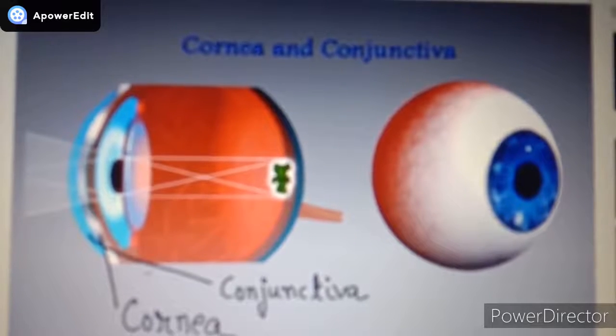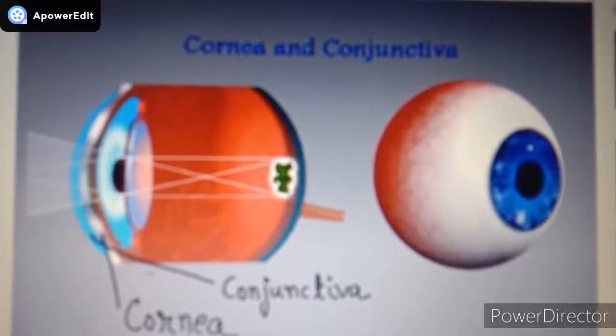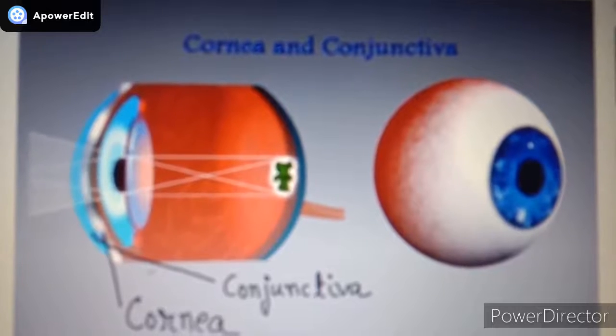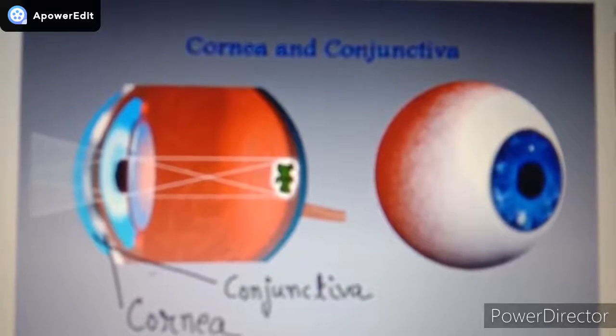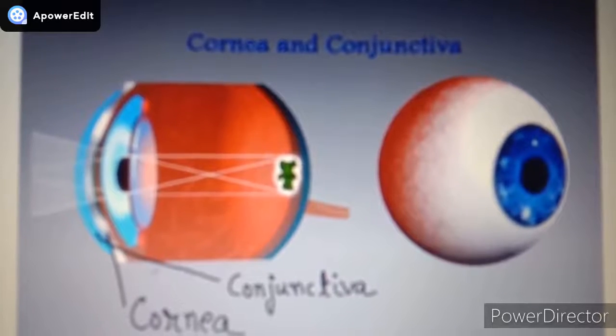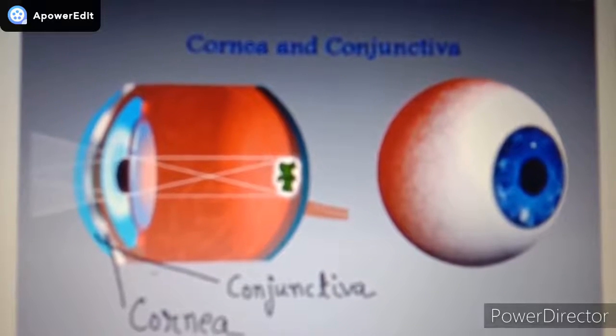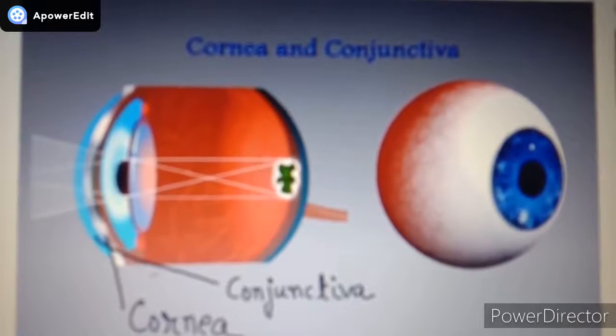Next, the cornea is transparent so that light can enter the eye. If, for some reason, the cornea turns opaque, then we have problems in vision and the cornea needs to be surgically replaced. Then the lens divides the eye into two chambers.